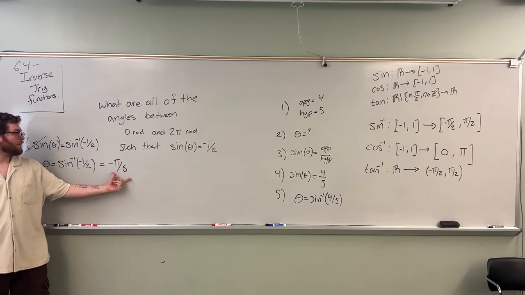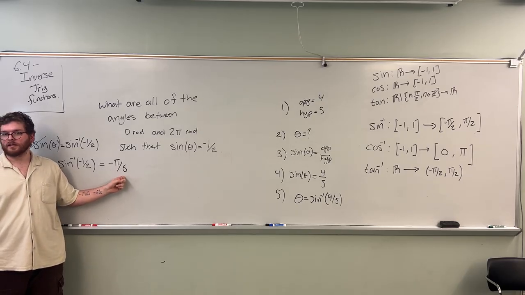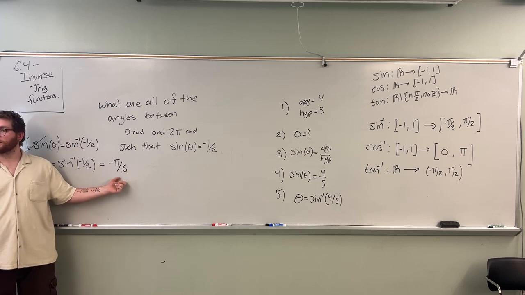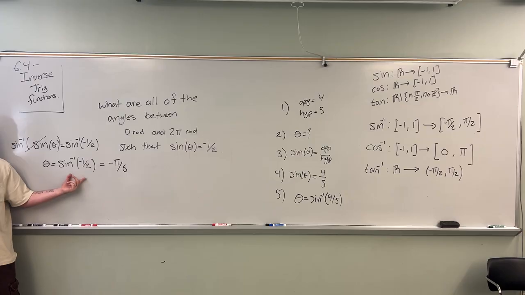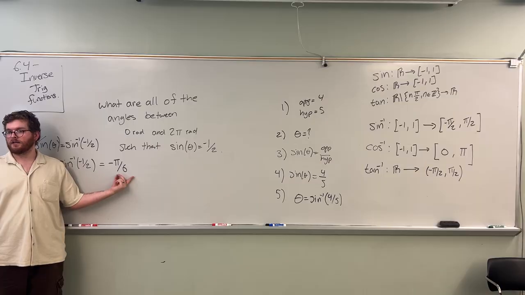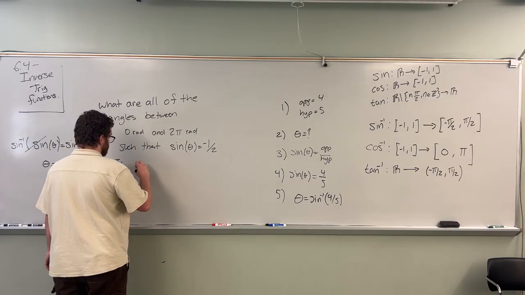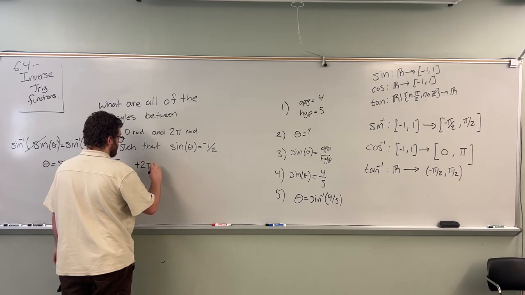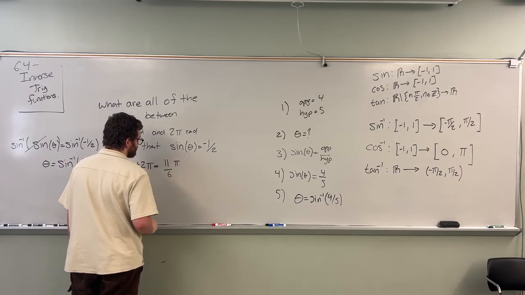No, it's not. So how do I make this between 0 and 2 pi? Right? Remember we talked about coterminal angles? Coterminal angles all have the same sines, cosines, all that sort of stuff. So to get this between 0 and 2 pi, I could just add 2 pi to it. And I'll get 11 pi over 6.